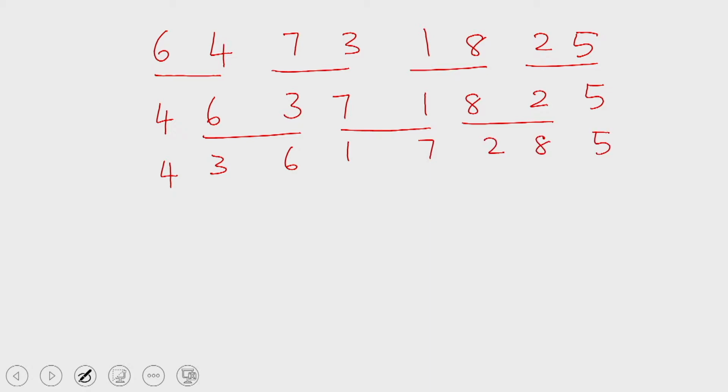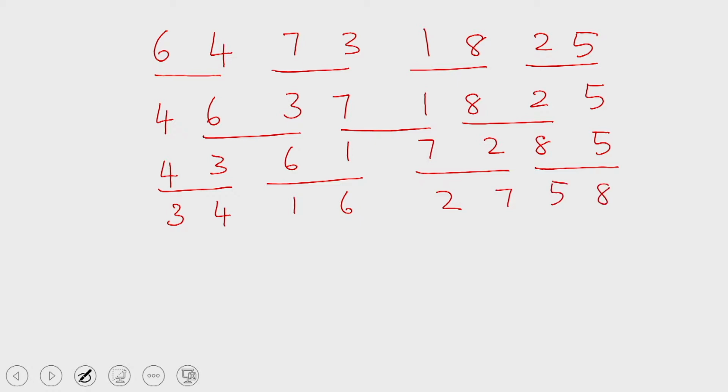Then we go back to the original pairing, the odd even pairing. Here we have 3 and 4, 1 and 6, 2 and 7, 5 and 8. And then once again we have an even odd pairing.